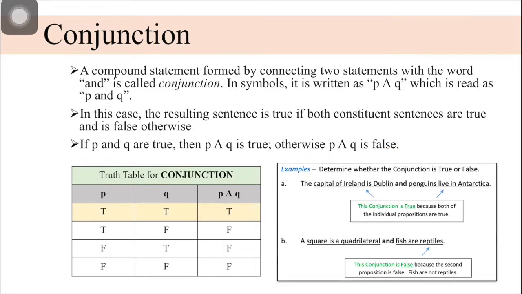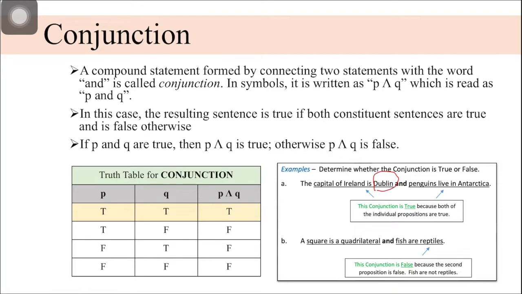Example: determine whether the conjunction is true or false. Letter A, the capital of Ireland is Dublin and penguins live in Antarctica. So this conjunction is true because both of the individual propositions are true. The capital of Ireland is Dublin, and penguins live in Antarctica.